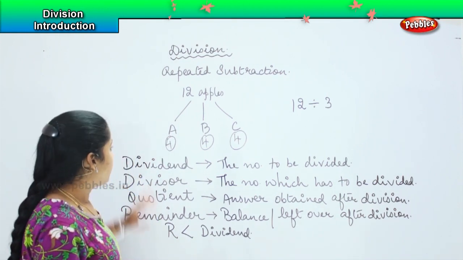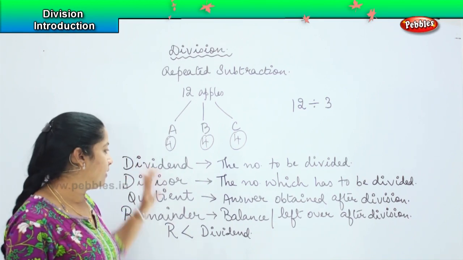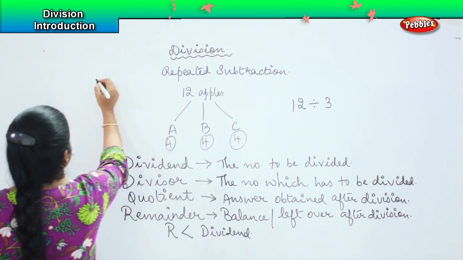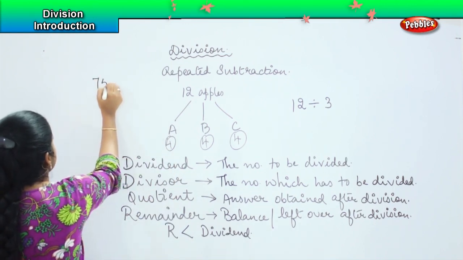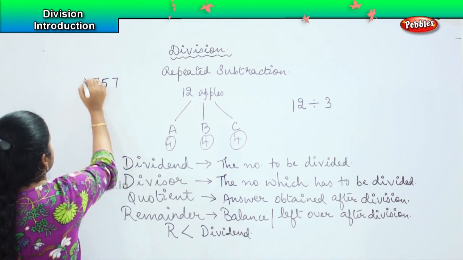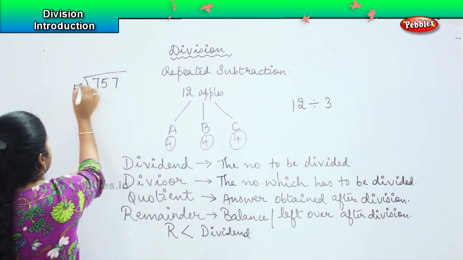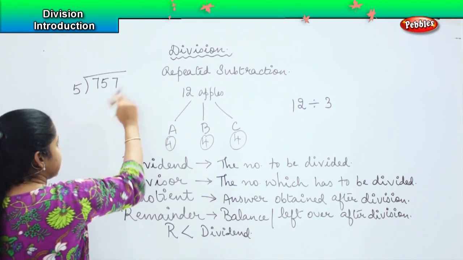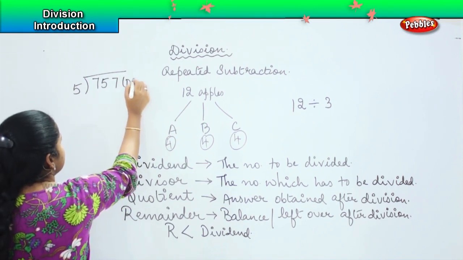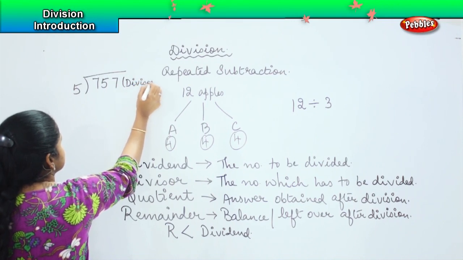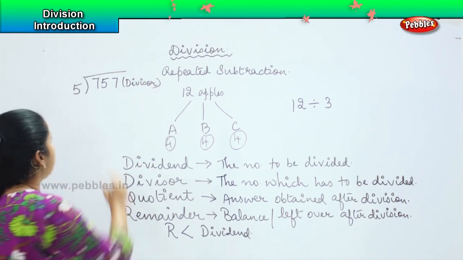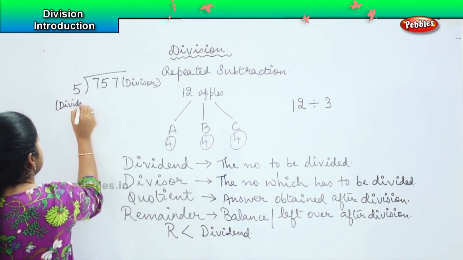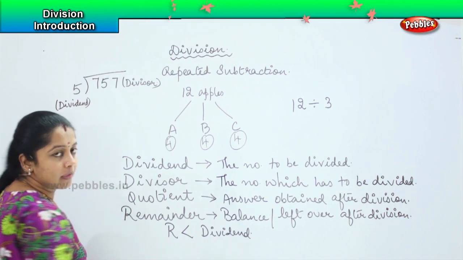Now if I explain with an example, it will be easy for you to identify these 4 terms. For example, if I have 757 divided by 5.